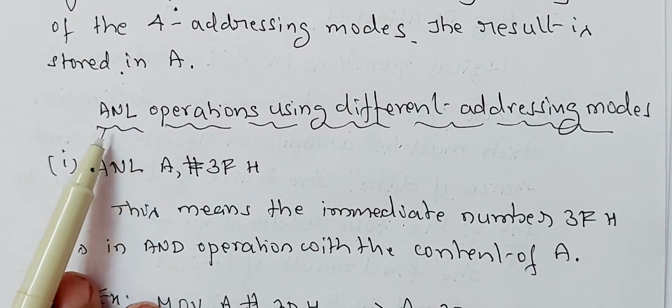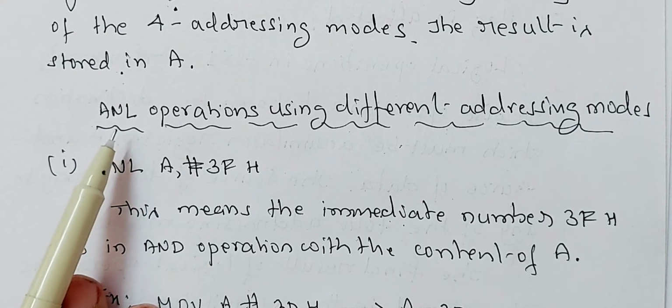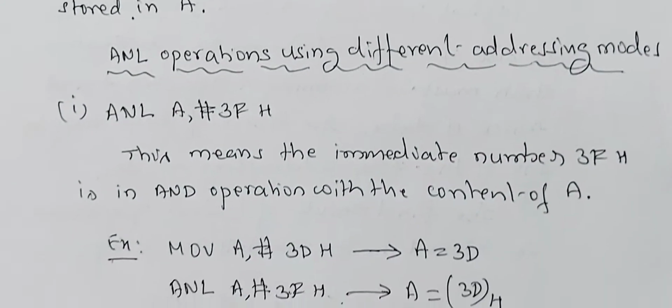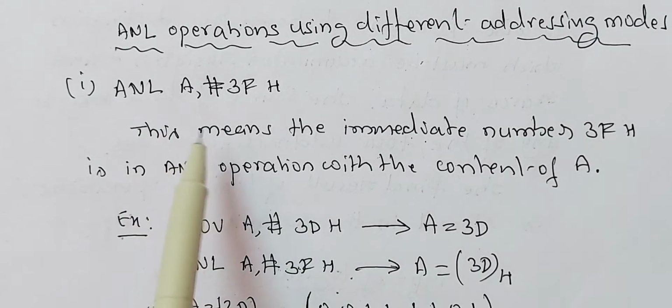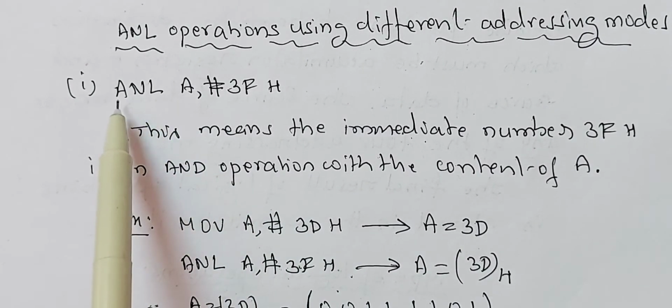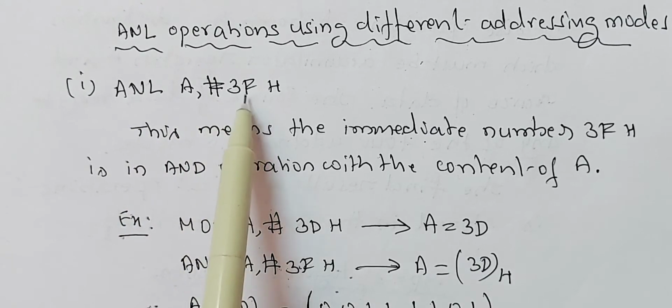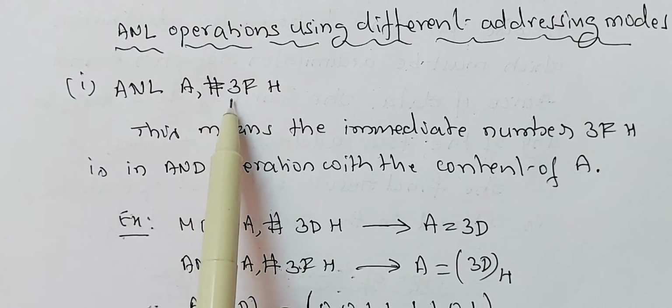ANL, AND logic, is the operational code used for AND operation. Therefore, we can represent this as the instruction ANL A, #3F. Here 3F, a hexadecimal number, is preceded by the hash. This means it is an immediate addressing mode.